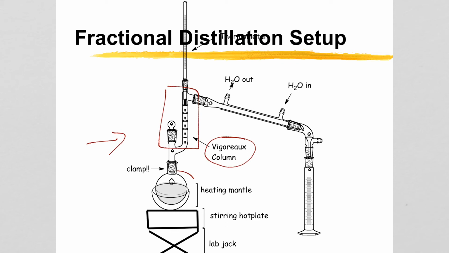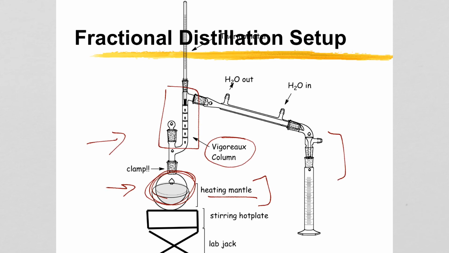Other than that, it's going to be pretty much exactly what we did last week. You're going to take your 50 milliliters that you collected. Now we're going to have a much smaller flask and a smaller heating mantle. In this case, you may need to use sand to fill the heating mantle because we don't have that many heating mantles that fit a 100 milliliter flask perfectly. But other than that, the setup is exactly the same.